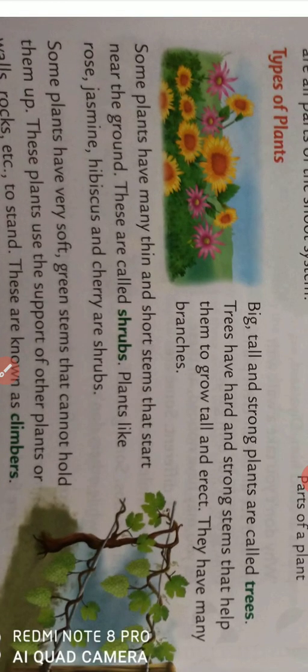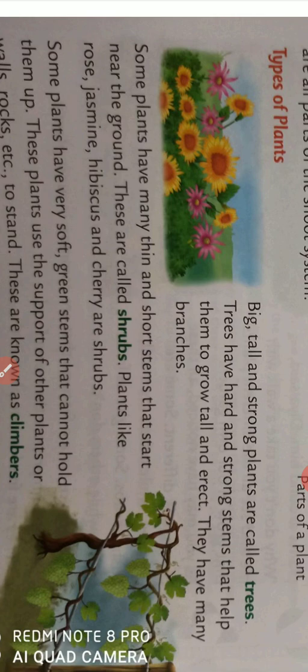And the height of the shrub will be either equal to you or a little taller than you. Okay. And the trees are very big, right? And they have a very hard and strong stem. They are called trunks. Okay, the trunk is very dark, thick, very hard, strong.